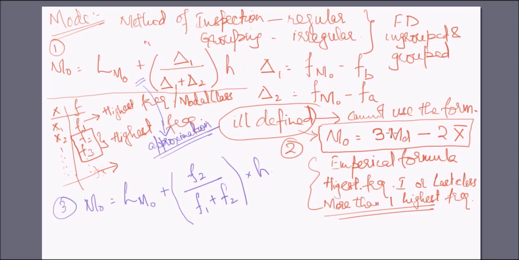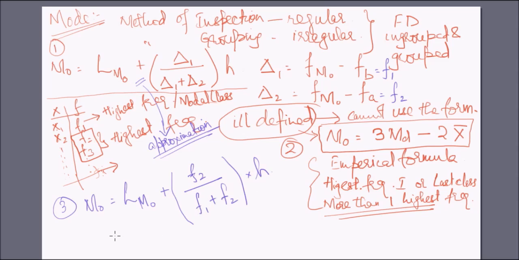Here f1 is the frequency before and f2 is the frequency after. So lower value of the modal class plus frequency after the modal class divided by the sum of the frequencies before and after the modal class, multiplied by the width of the modal class.